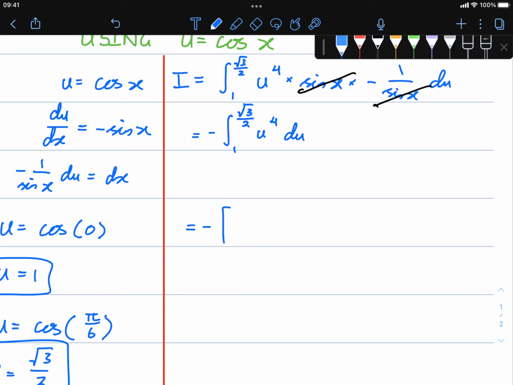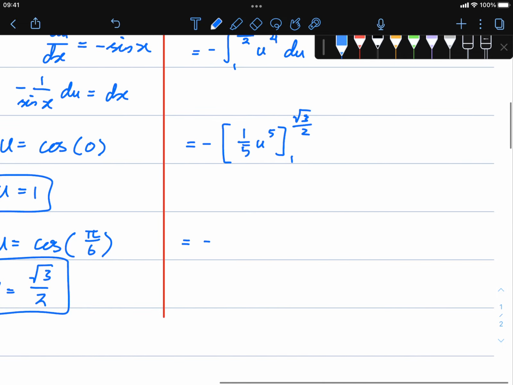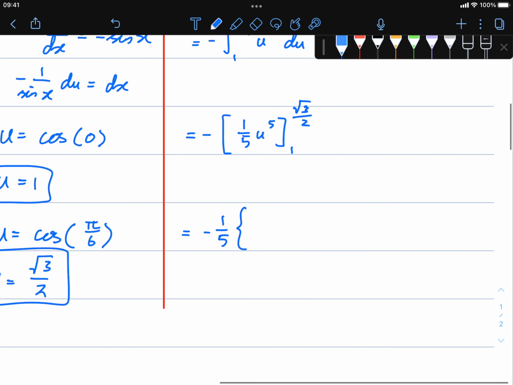Integrating this, we get negative 1/5 u to the power of 5, from 1 to root 3 on 2. Factoring out 1/5 to make it a little bit easier.